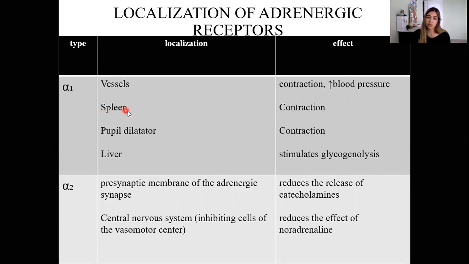Then, in the spleen, we have those receptors, and stimulation of them leads to contraction. In the pupil dilator, we can have these alpha-1 receptors, which leads to contraction of this muscle, but the pupil will be bigger.